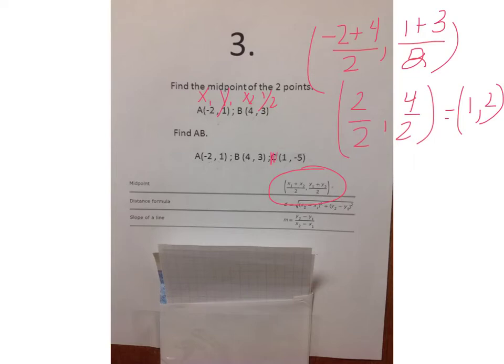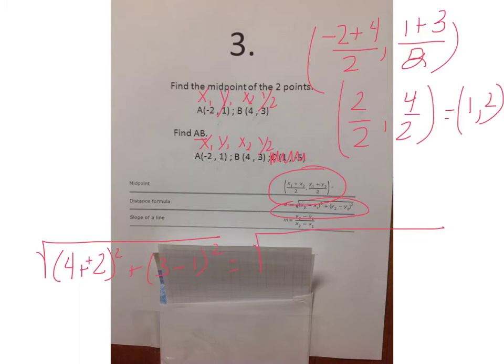To find AB, we're going to use point A and B. That's the distance. So x1, y1, x2, y2. Here's my distance formula. So I'm going to do the square root of x2 is 4 minus x1 is -2 squared plus y2 is 3 minus y1 is 1 squared. 4 minus -2 is the same as plus 2, so you get 6 squared plus 3 minus 1 is 2 squared. 6 squared is 36. 2 squared is 4.